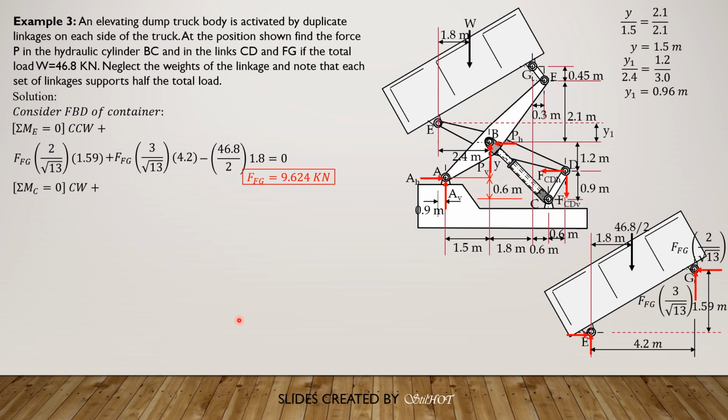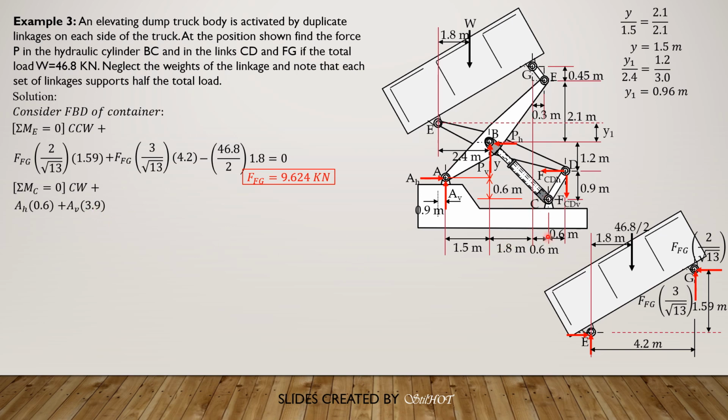So summation of moment about C equals 0, clockwise is positive. So we have AH times 0.6 plus AV times 3.9.